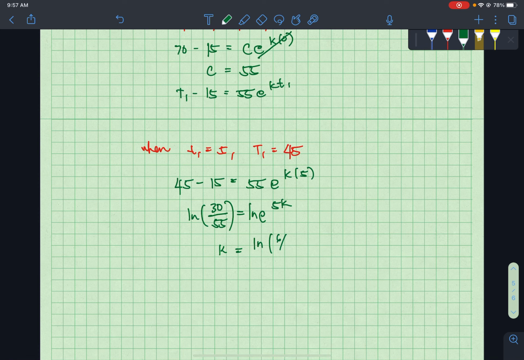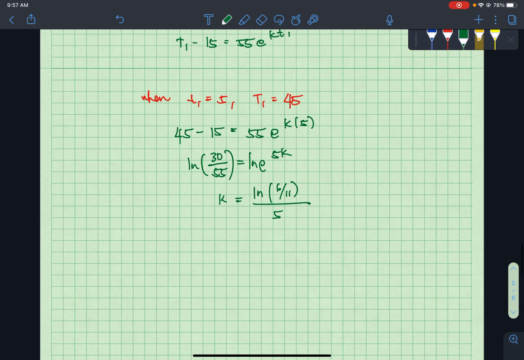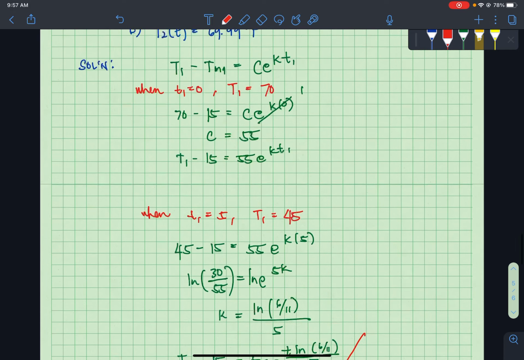So our general equation is T1 minus 15 equals 55 e raised to t ln of 6 over 11 divided by 5. So that is our general working equation.